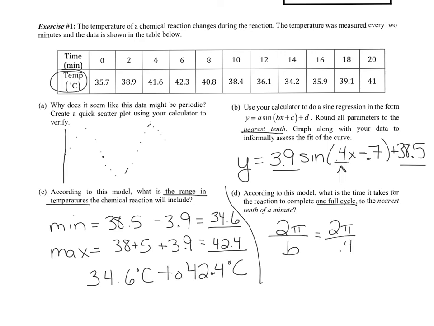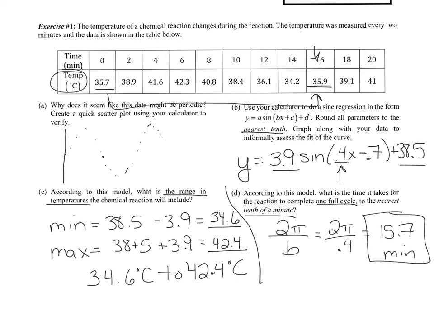This wants it to the nearest tenth, so I can just type that in my calculator, and I do get 15.7 minutes. Looking back up at the graph or the table, I see that I have a 35.7. It goes through the cycle and is about at the same spot at 16. So this shows me that that 15.7 looks pretty good for what the period would be based on the data.